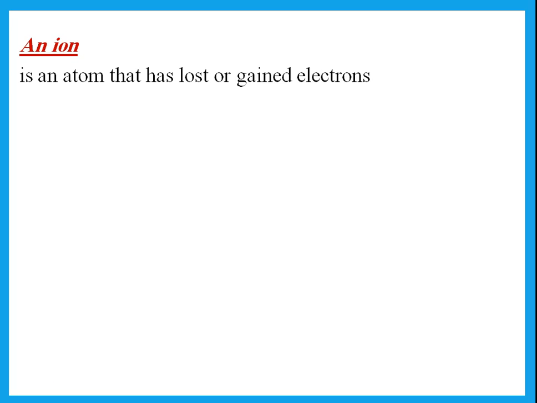So if it loses or gains electrons, it is no longer an atom, because remember that we said an atom has equal numbers of protons and electrons. Now, when it loses or gains electrons, now it's not neutral, it becomes an ion. And whether it's a positive or a negative ion depends on whether it has lost the electron or gained the electron.